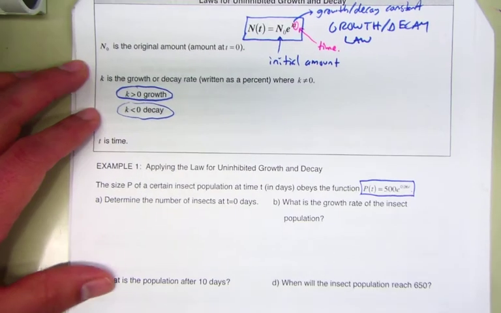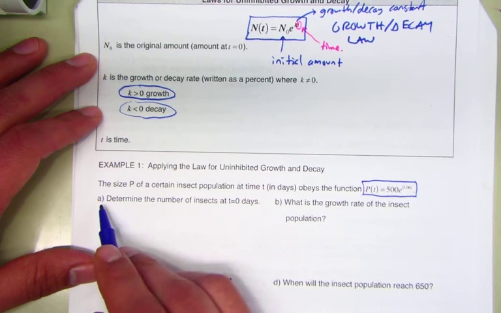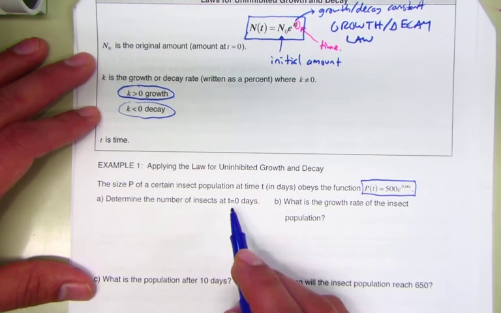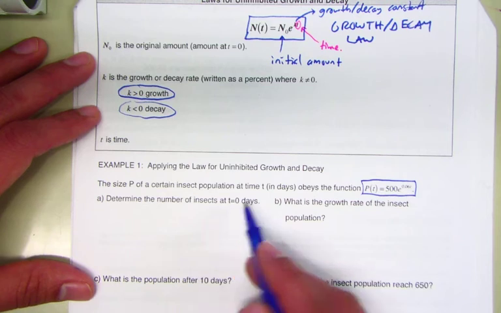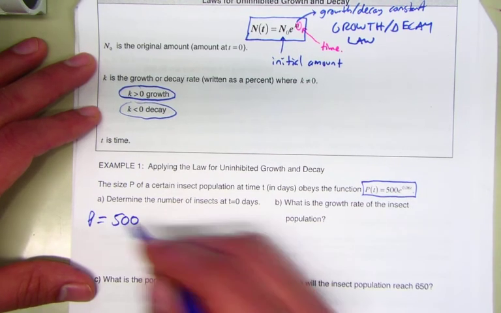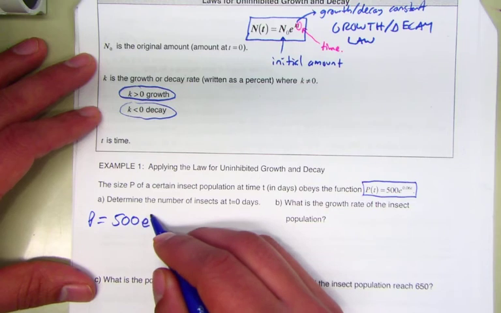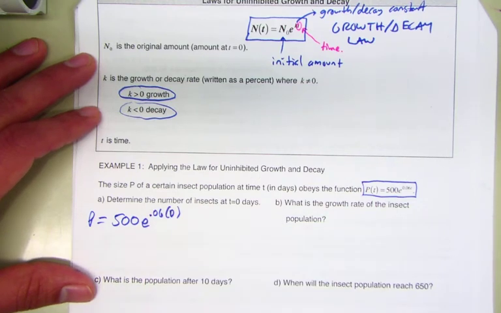So this one, let's just work with plugging everything in and figuring out what we need to figure out. How do I figure out how many insects there are at the very beginning when t equals 0? You just plug it in. So 500 e to the 0.06 times 0.